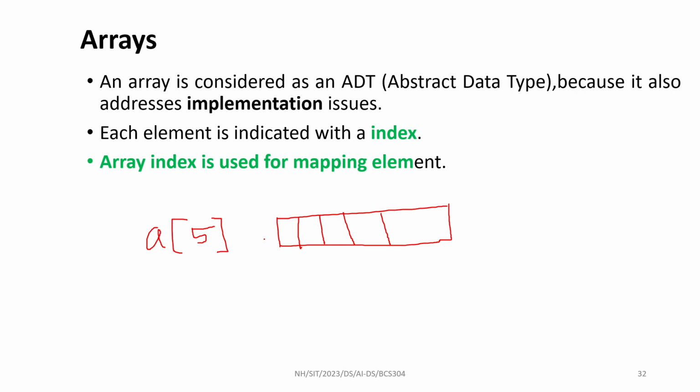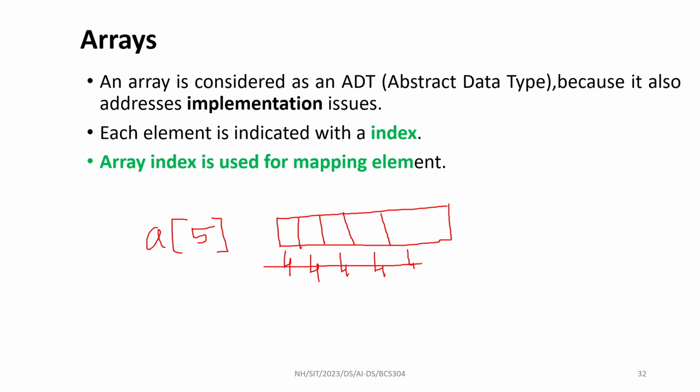The size depends on the data type, and the number of locations given to each element depends on the compiler. If a compiler uses a 4-byte location, that means one integer takes 4 bytes here, another 4 bytes here, another 4 bytes here, another 4 bytes here, and another 4 bytes here.